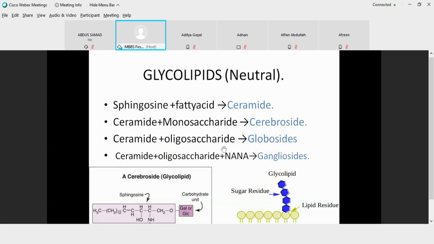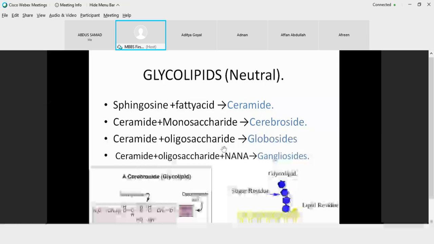Then we have glycolipids. As the name tells you, these are lipids which have carbohydrates attached to them. And these lipids are mostly derived from sphingosine, again an amino alcohol. Now, the organization goes in such a way that when to one sphingosine we attach a fatty acid, the structure is known as a ceramide.